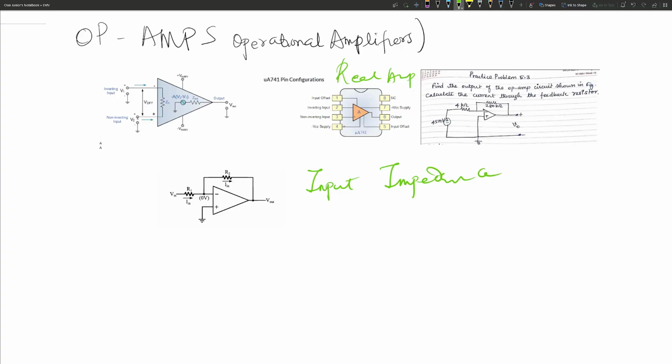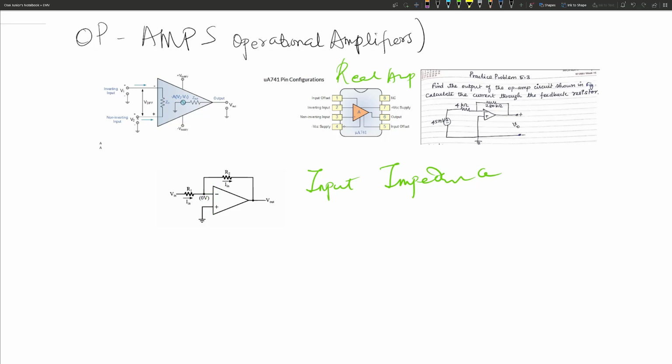So you have two voltages, V2 minus V1, and then you amplify it with this gain. One thing I should mention is the input impedance Z in is approaching infinity, and Z out is approaching 0. Because Z in is approaching infinity, the current flowing here is 0.